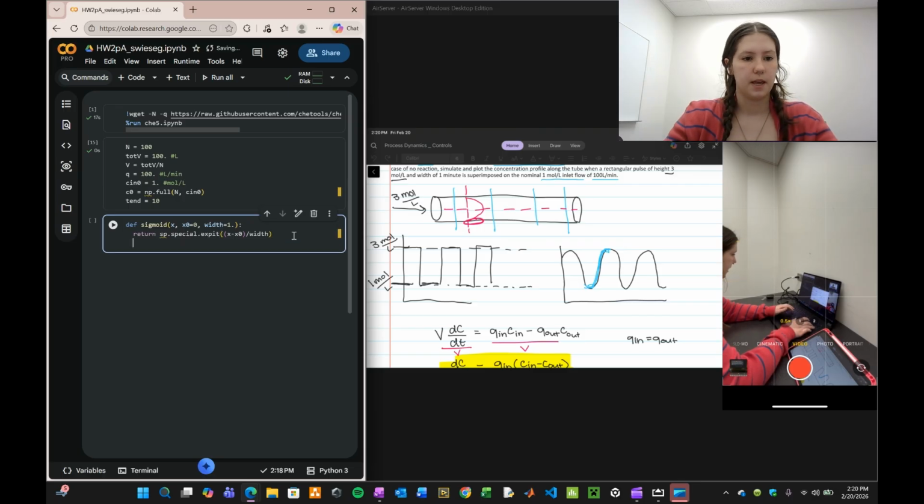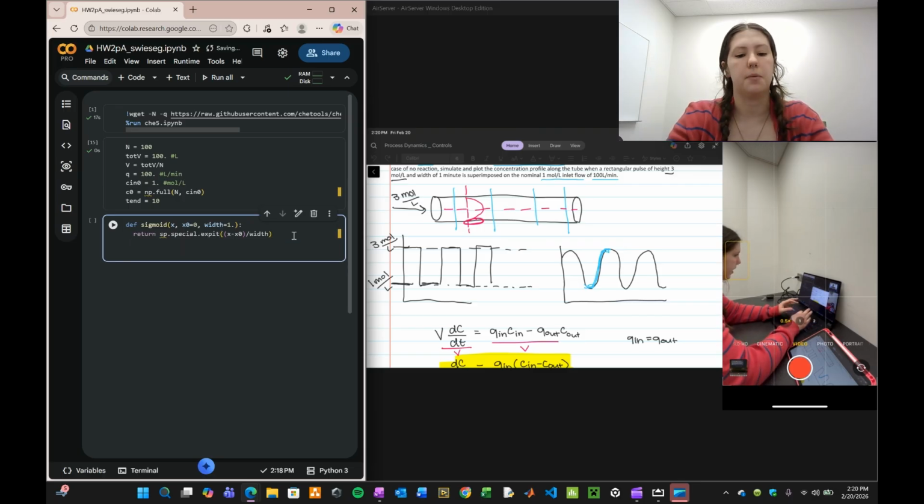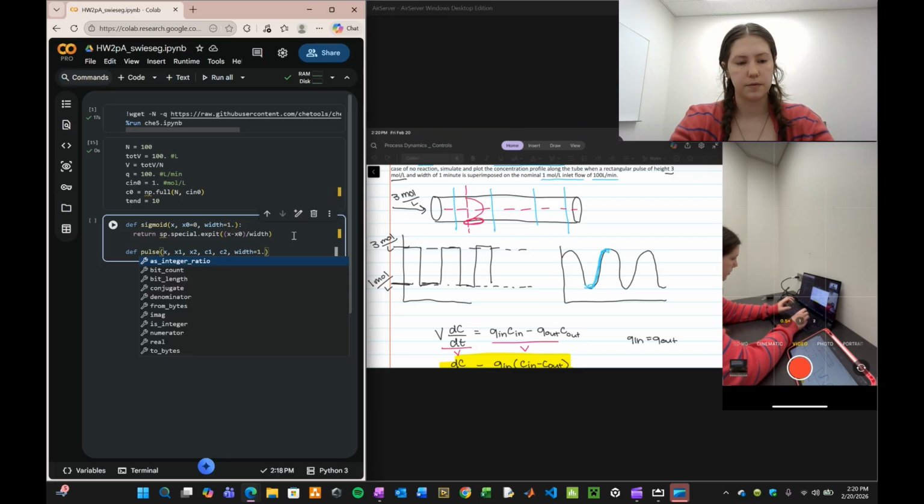Okay. And then we also want to define a pulse function. And so we want this pulse function to be in terms of x, and then we want it to have an x1 and an x2, and then we also want the concentration at x1 and the concentration at x2. And we're going to set our width equal to 1 as well, I believe.